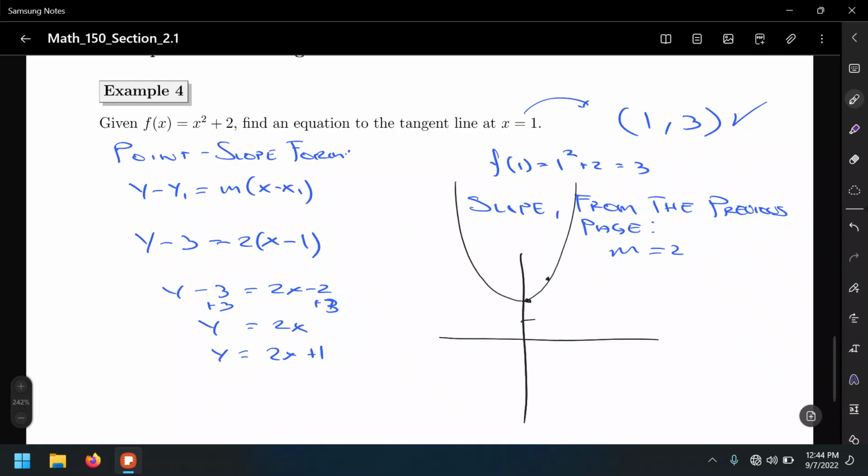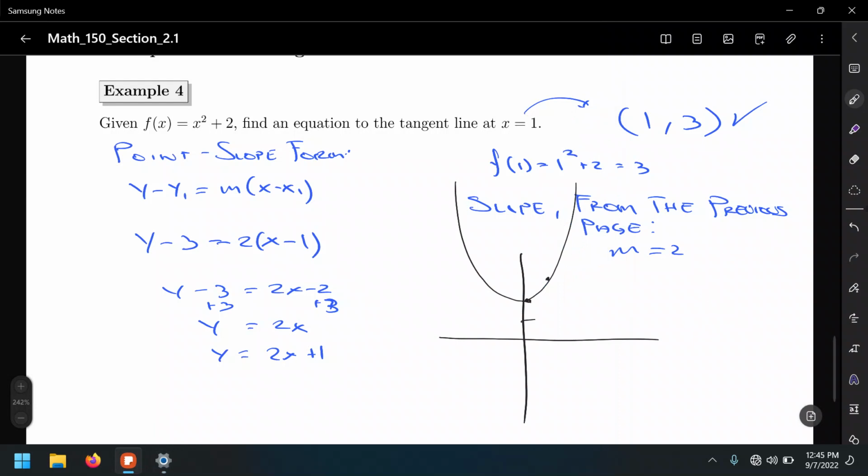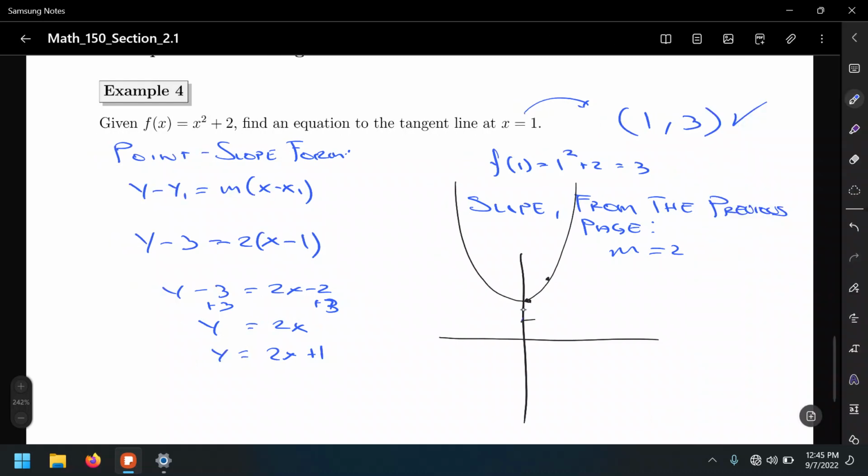And the equation y equals 2x plus 1, so we're going to go 1 unit up, and then from here we're going to rise 2 units and run 1 unit. So that's the equation. Rise 2, run 1. Isn't it a tangent line? So I think all we did here is consistent with the picture, the graph, the calculations.